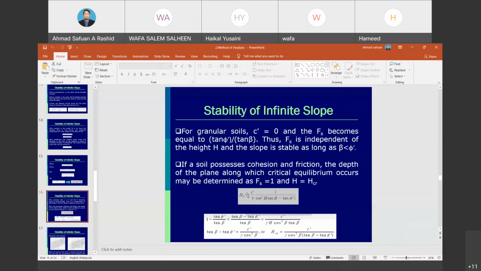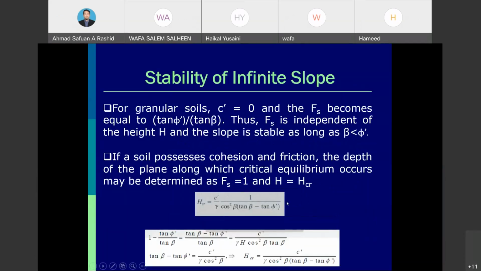For example, C is equal to 30 over 17, where 17 is the unit weight. Cos square beta, where beta is equal to 25, times tangent 25 minus tangent 20.